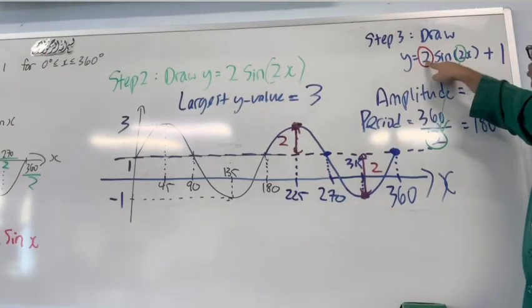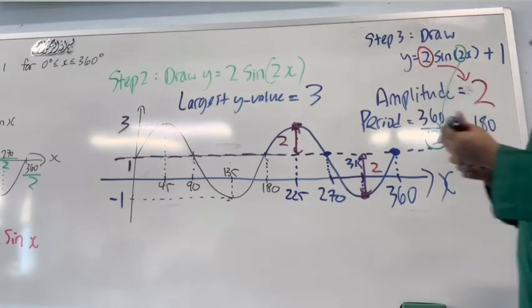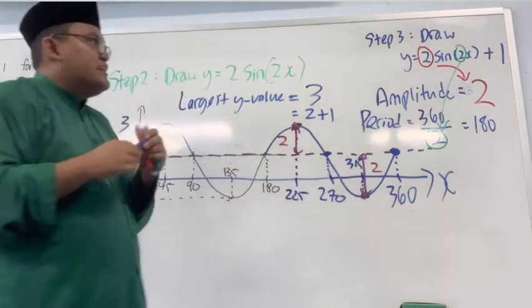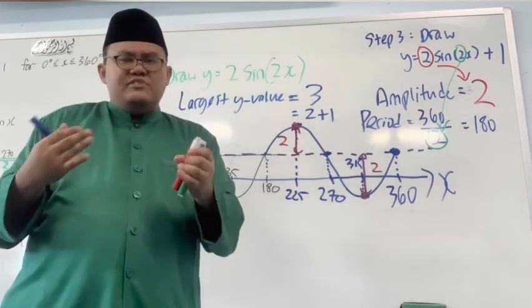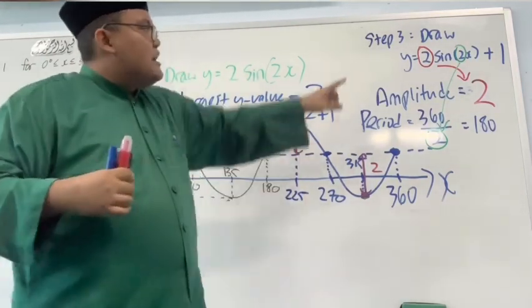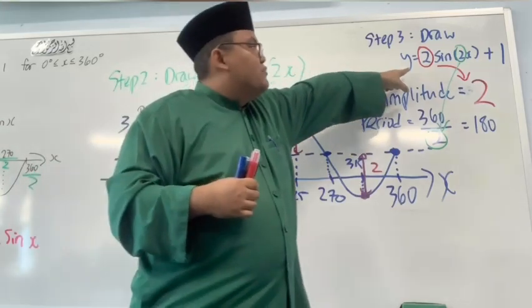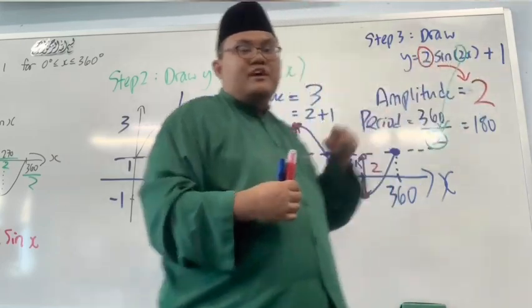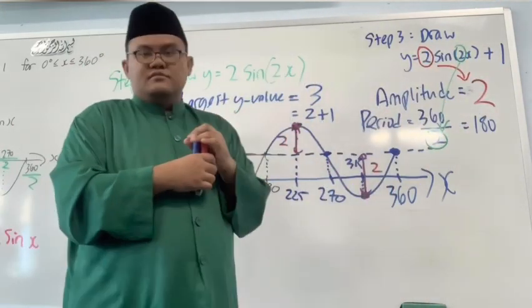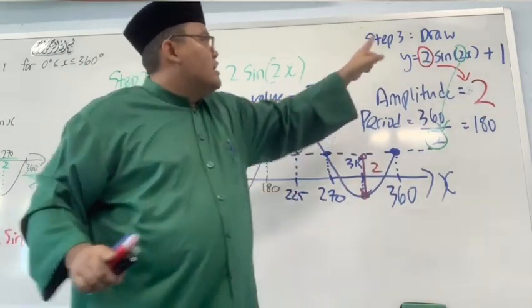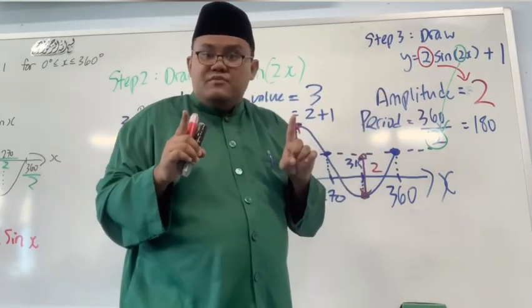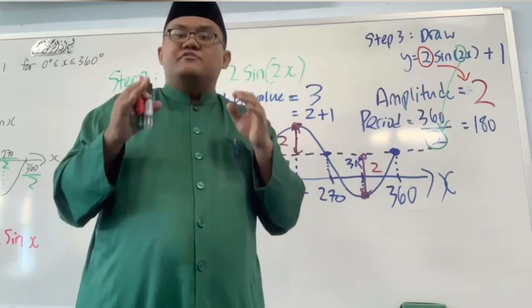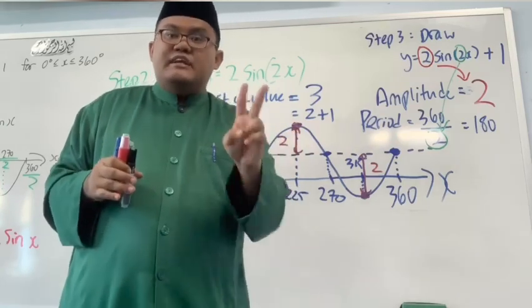So if I give you the equation and ask you what is the largest y value, you just take the amplitude, the number in front of sine, and then you add whatever number is here. So plus 1. 2 plus 1 is 3. But be careful, amplitude is always positive. So if this was negative 2, the amplitude is still 2. We take the positive one.